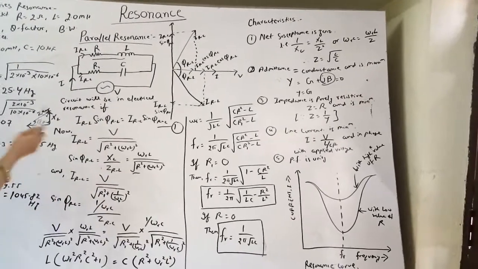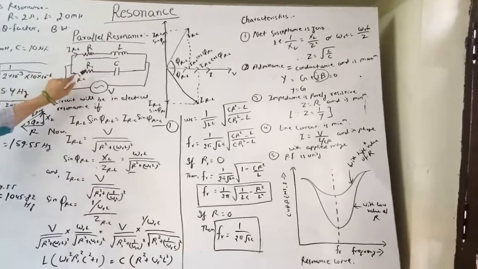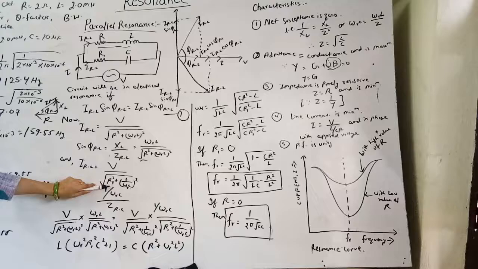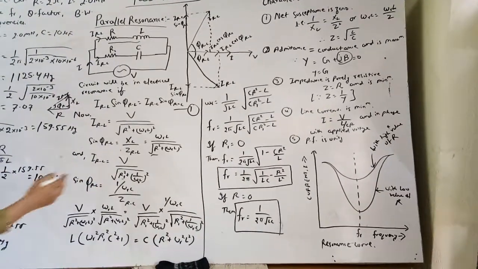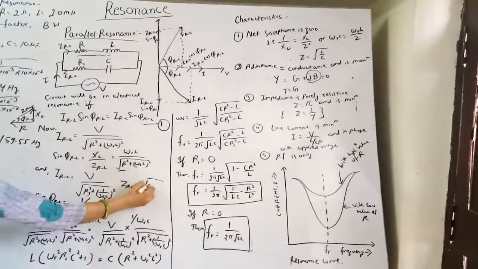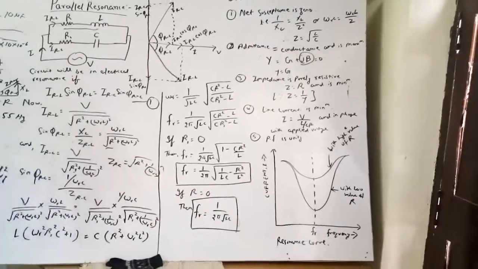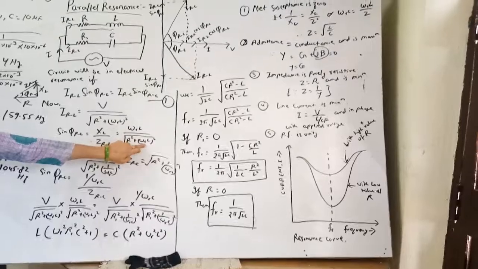Now IRC, calculate this value. IRC is voltage upon impedance of RC. IRC equals V upon ZRC. Put the value of ZRC. ZRC equals root under R square plus 1 upon omega C whole square. We have written here omega R, that is at resonance.